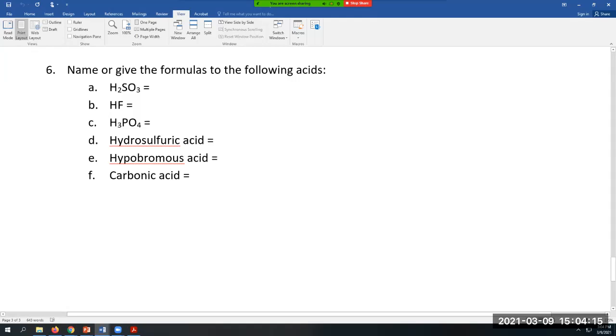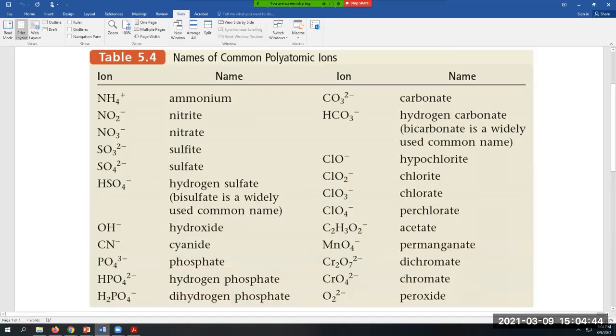So when you need to name acids, when you have the formula or the name, you need to decide if you have what we call a binary acid or an oxyacid. A binary acid is made of just hydrogen and a non-metal, like HCl, for example. An oxyacid is made of a polyatomic ion. So remember the polyatomic ions.